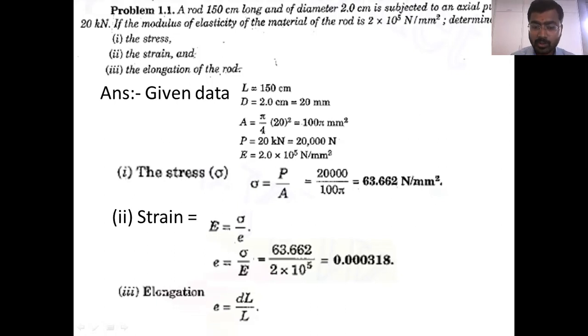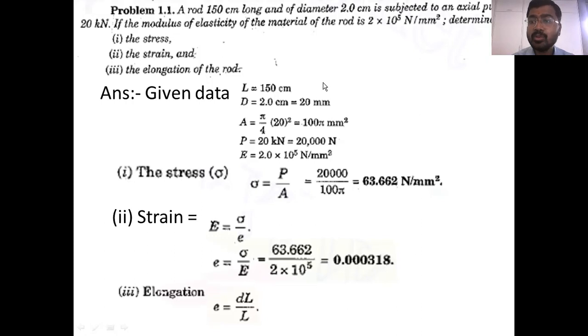So same thing, I took strain, which is equal to E, which I can write as change in its length to its original length. But E I already calculated, which is equal to 0.000318, equal to delta L by L. I have to calculate delta L. Elongation is nothing but change in length. L is nothing but the total length. Total length here he has given as 150 centimeters.